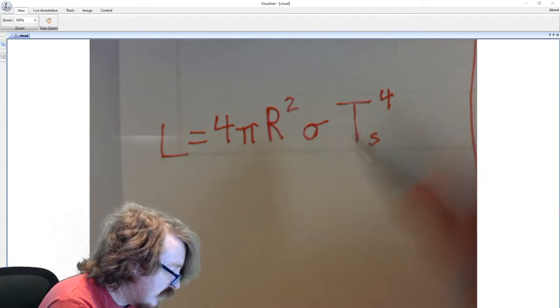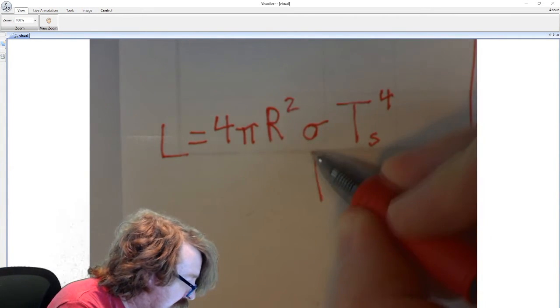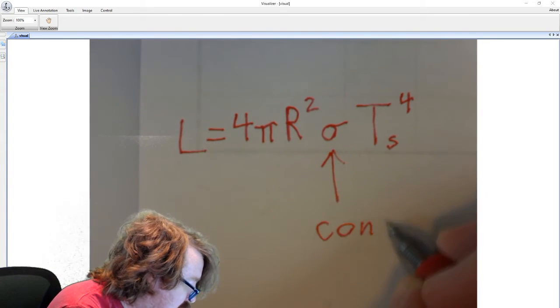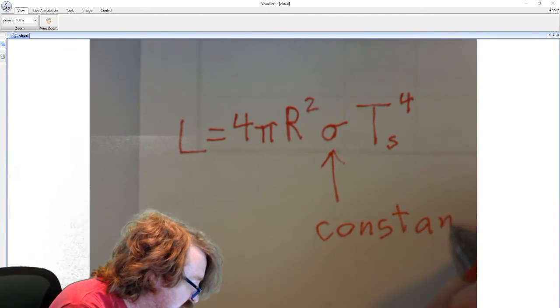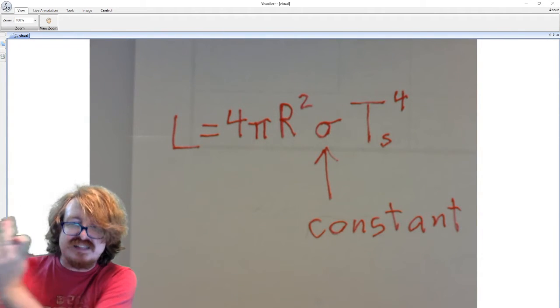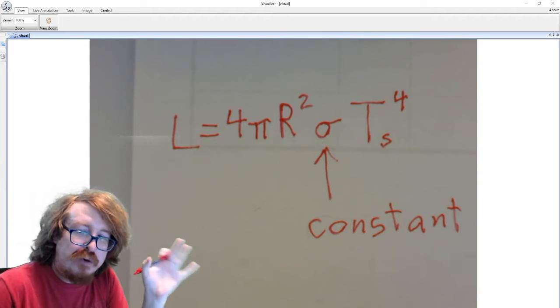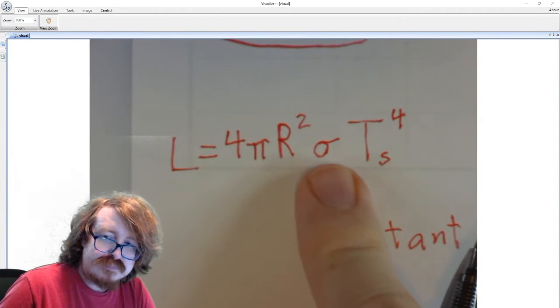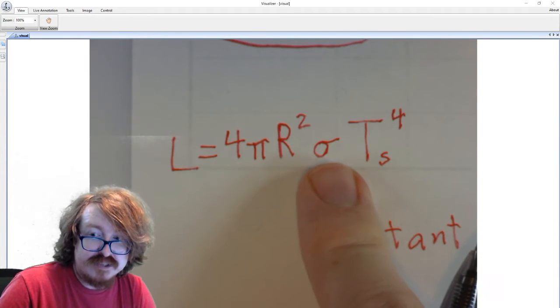And this right here is just a constant called the Stefan-Boltzmann Constant. You don't need to know the name of it. The only thing we need to know is it is a constant. So it's just a number. So it does not change, okay?